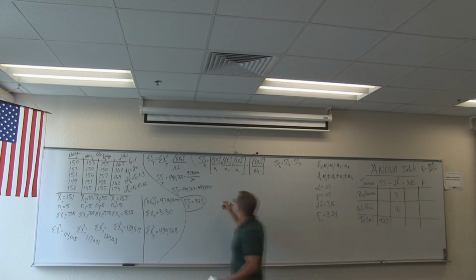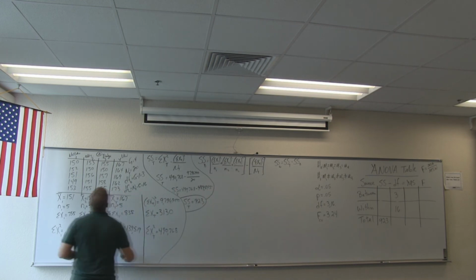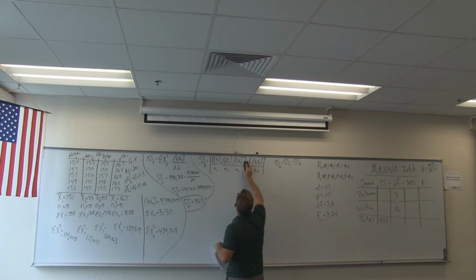Our next step, sum of squares between groups. Because we have a four-group one-way ANOVA design, we have to expand this formula a little bit.